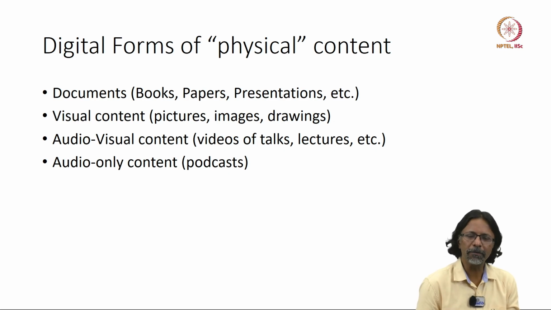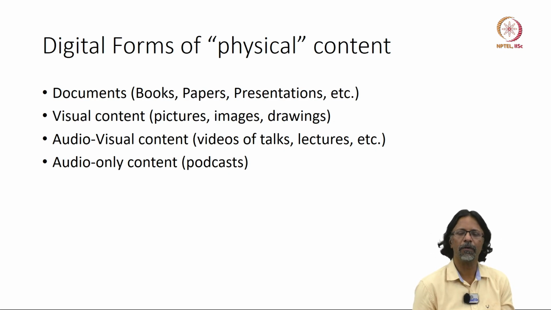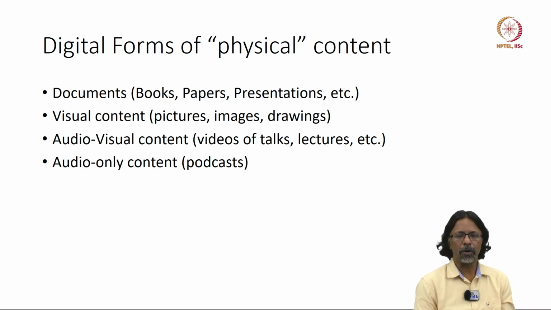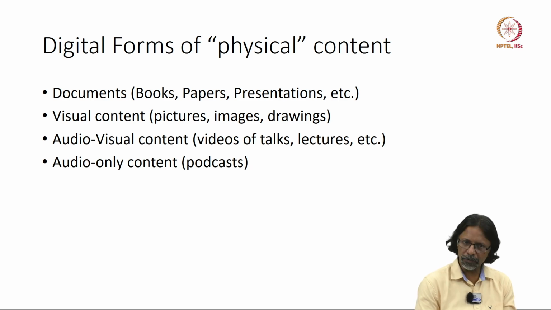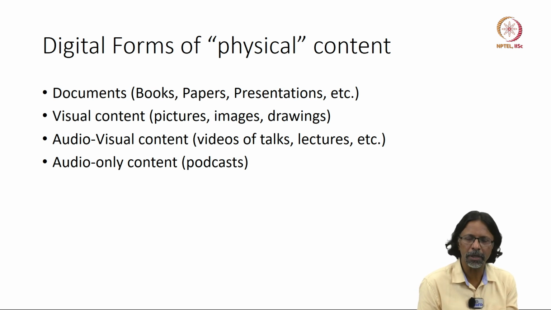The most common form of information is the digital forms of physical content. So we are talking about, say, documents. Documents can be books. You can have a physical book, and the equivalent of that in the form of an e-book or in the form of a PDF.